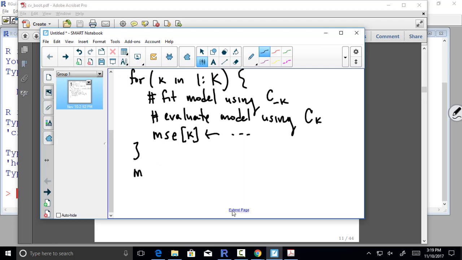And my overall mean squared error is then, I'll cheat a little bit and just say it's the average. If I have 5 mean squared errors, 1 for each CV fold, then my claimed overall CV-based MSE is the average of those 5.